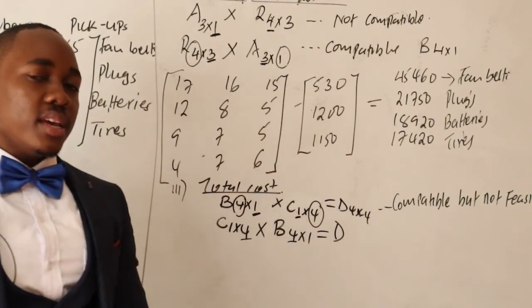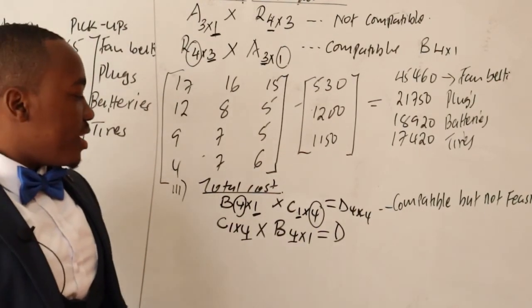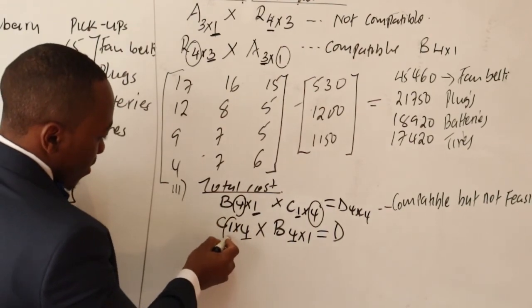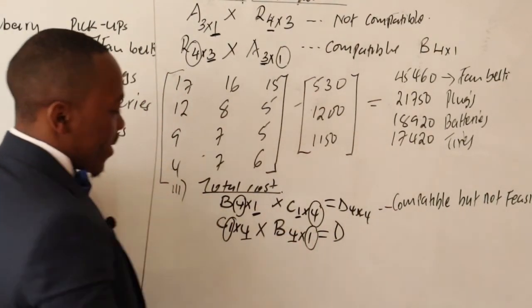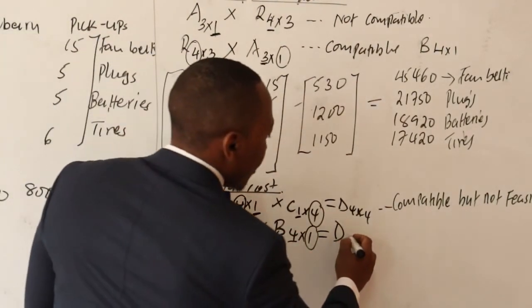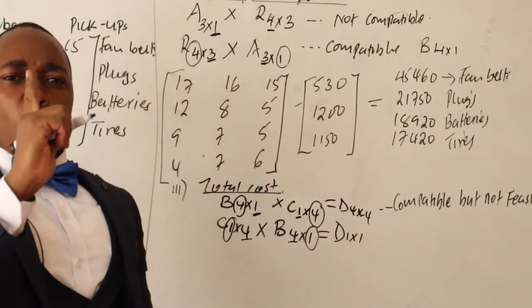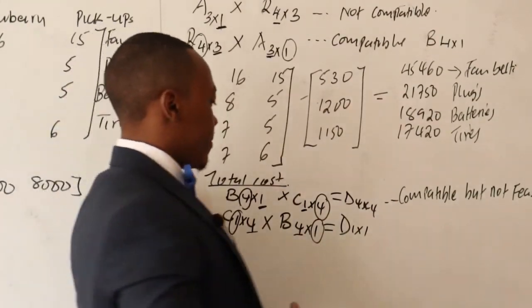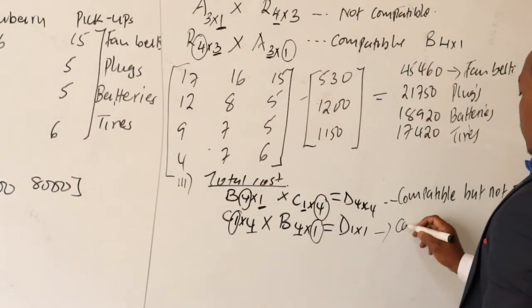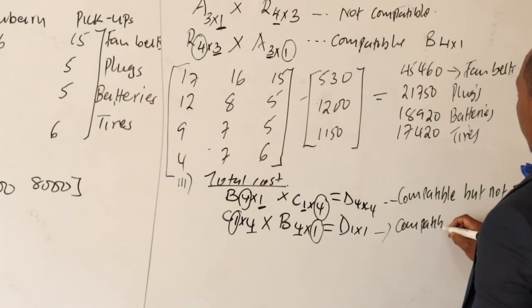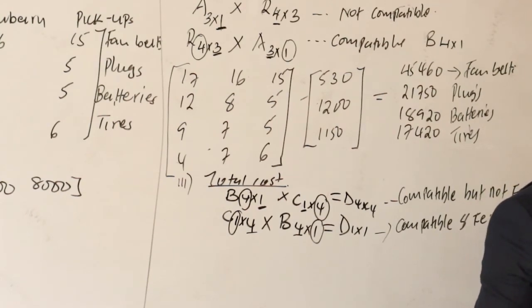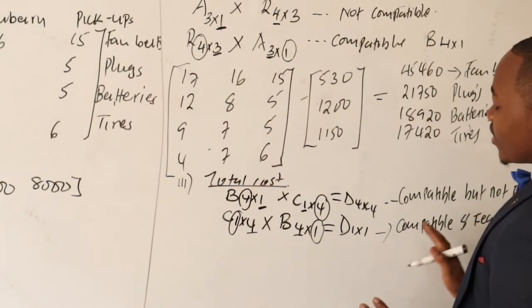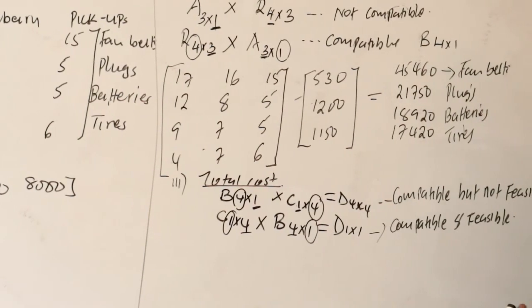Our product D should be of what order? You take 1 by 1. So it will be 1 by 1, which means you only get one answer, and that's what was required: the total cost. In this case, it is both compatible and feasible.